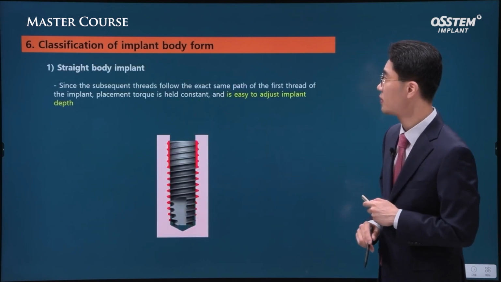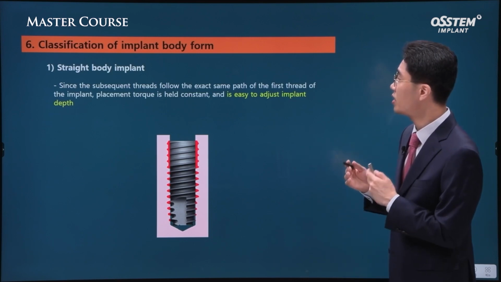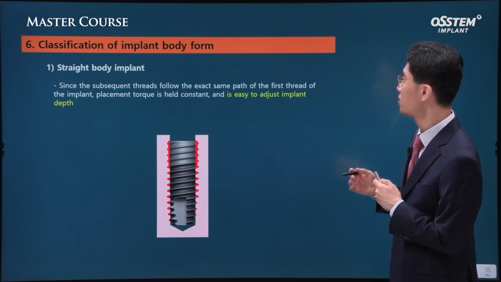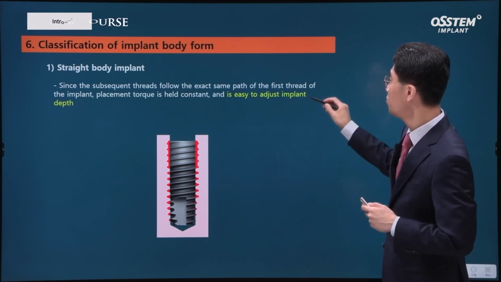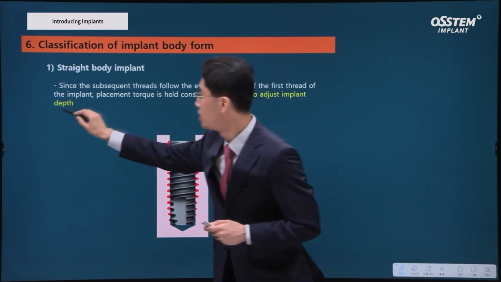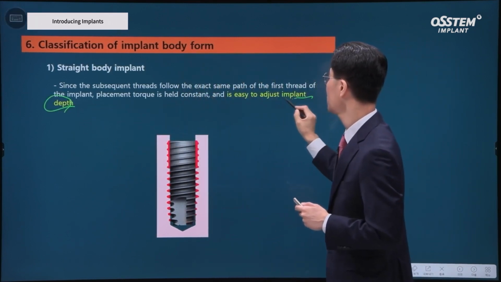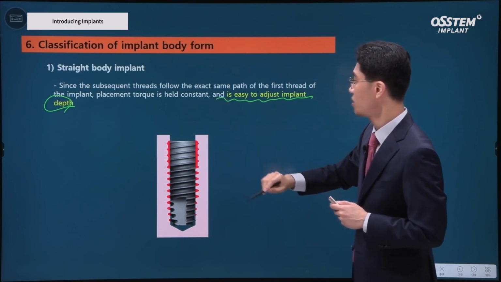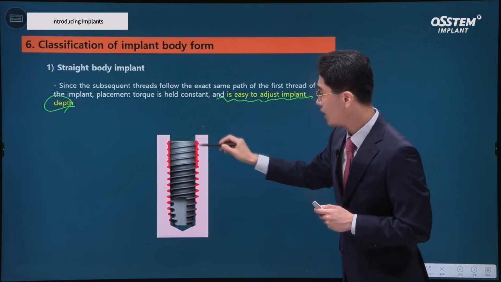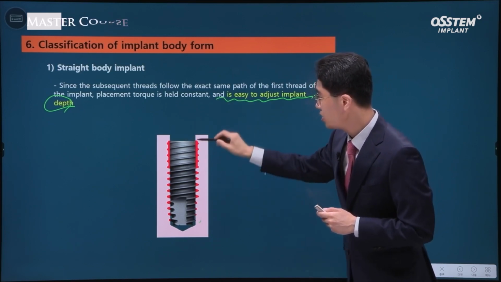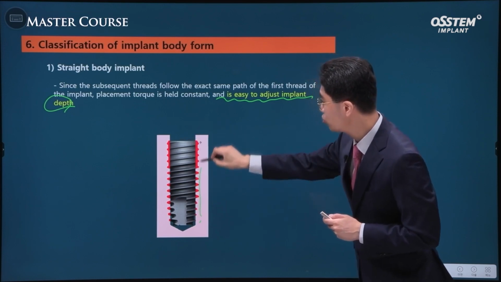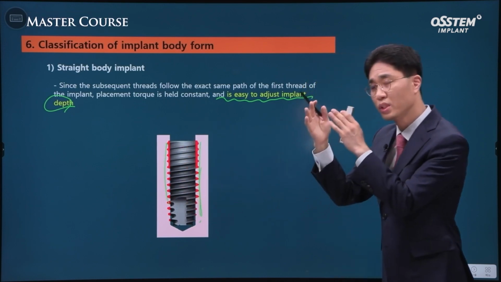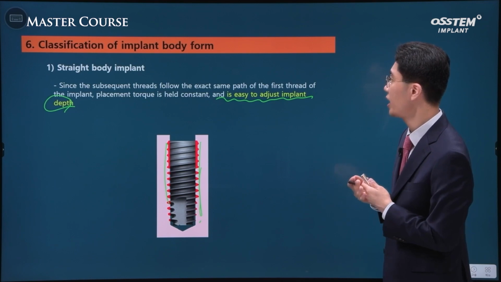Straight implant. It has a straight body. It is easy to adjust implant depths. In other words, the top and lower portion of the implant doesn't have any taper. It is consistent.